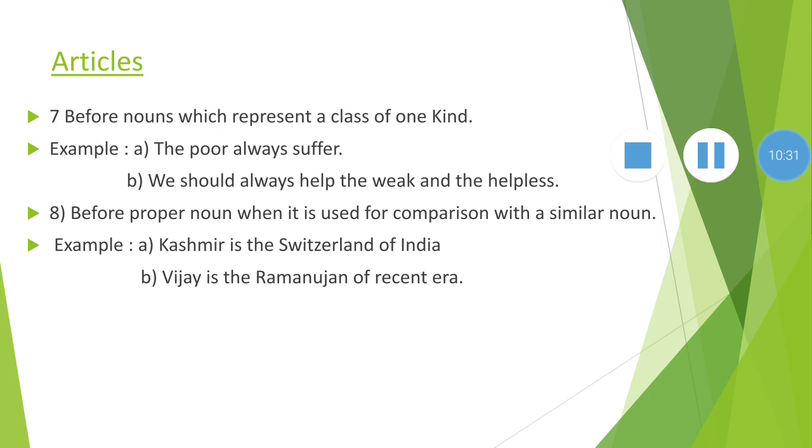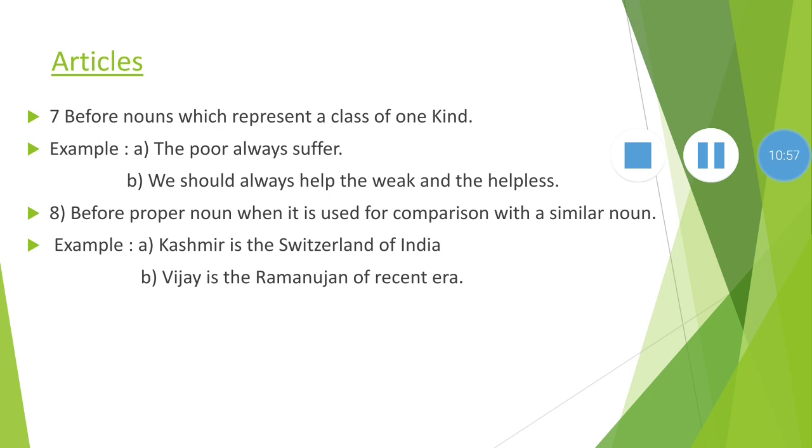Though Kashmir is the proper noun, Kashmir is the name of the state in India, but here is the Switzerland of India, means we comparing the quality of or beauty of Switzerland with Kashmir, or comparing the beauty of Kashmir with the Switzerland. That's why we say Kashmir is the Switzerland of India.